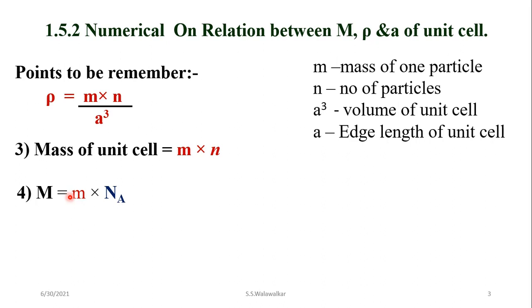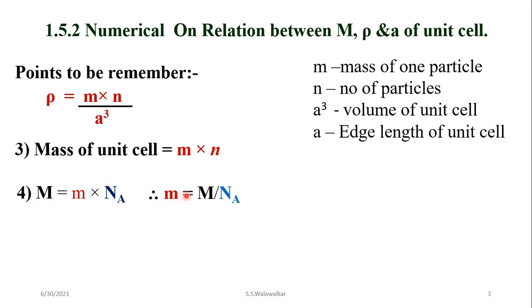Molar mass of a substance is equal to the mass of one particle into the number of particles, that is 6.022 into 10 raised to 23 in 1 mole. Therefore m into Na, that is number of particles into mass of one particle, will give you the molar mass of 1 mole of a substance. Or if you know the molar mass, then you can calculate the mass of one particle.